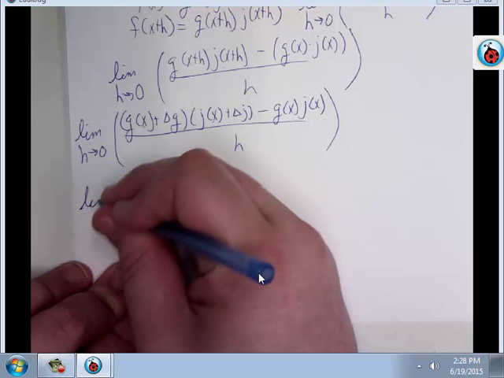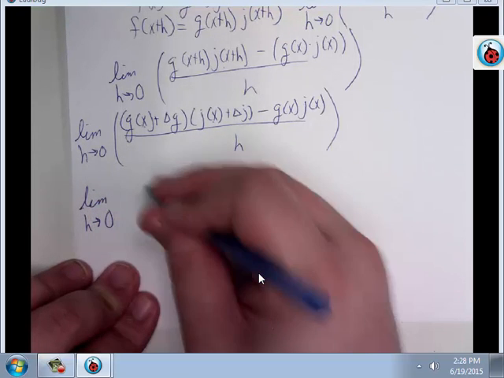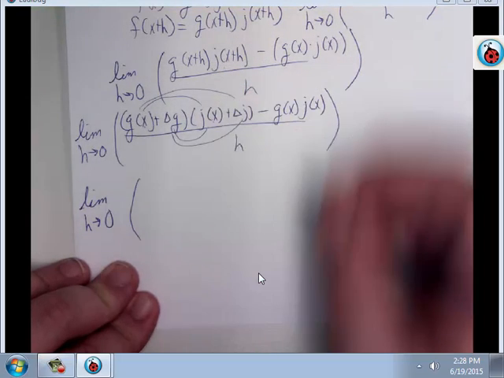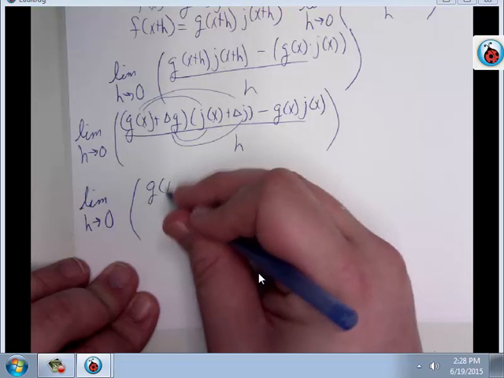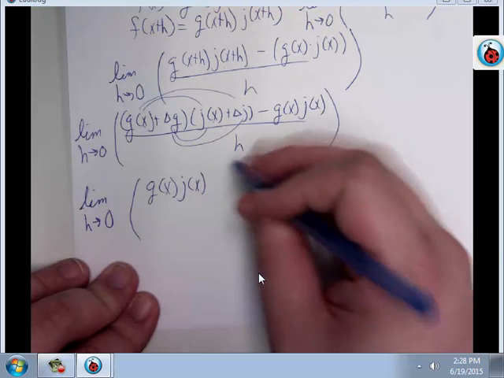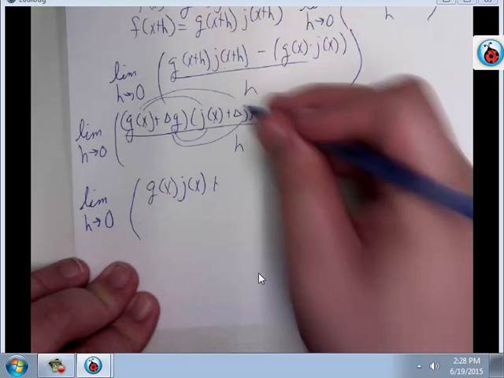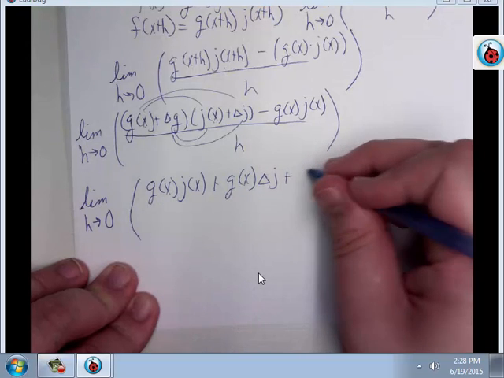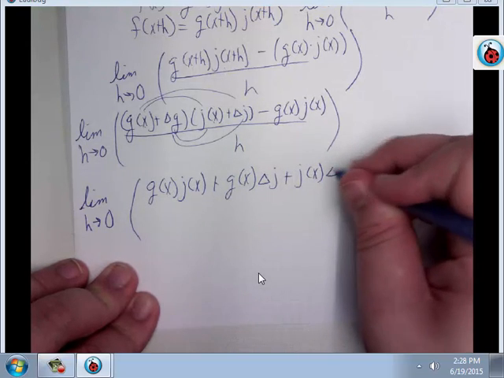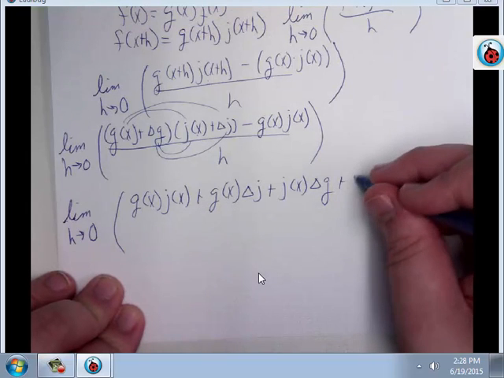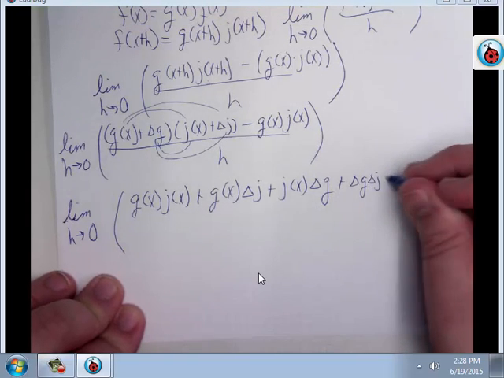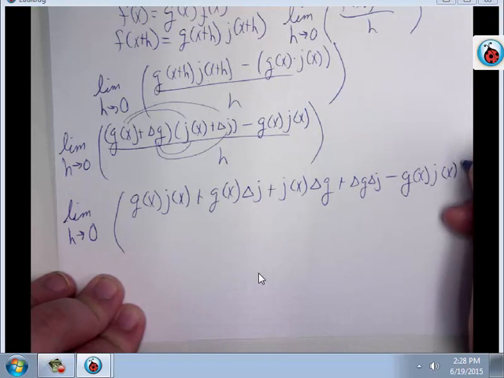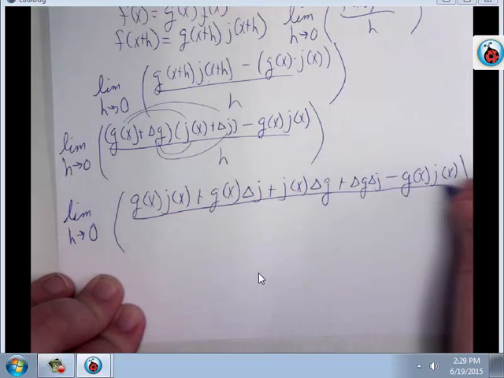So we'll end up with the limit as h goes to 0. We'll have g of x, j of x, plus g of x times delta j, plus j of x times delta g, plus delta g delta j, minus g of x, j of x, all over h.